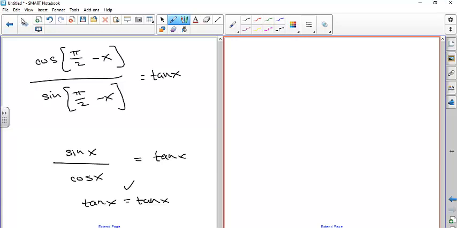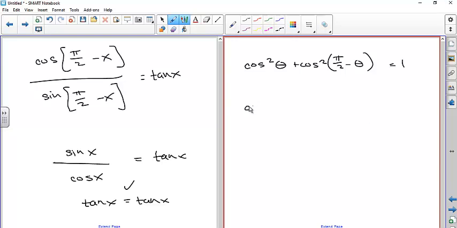And let's see what else we got here. This is the last one I think we'll do of this grouping. Cosine squared of theta plus cosine squared of pi over 2 minus theta equals 1.